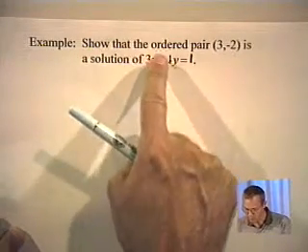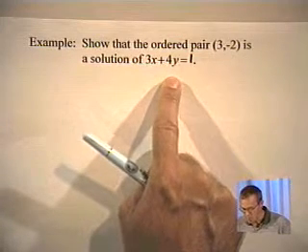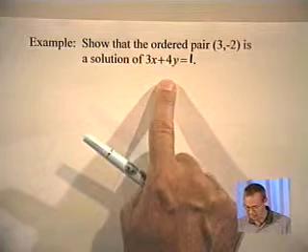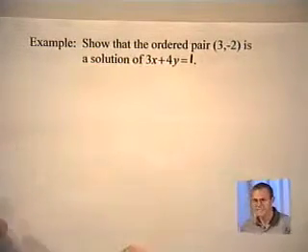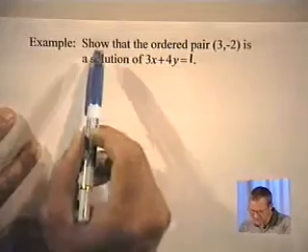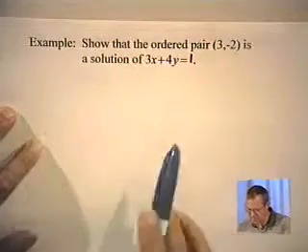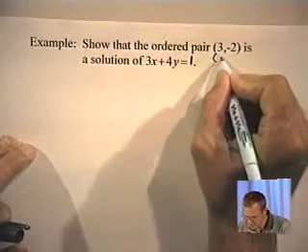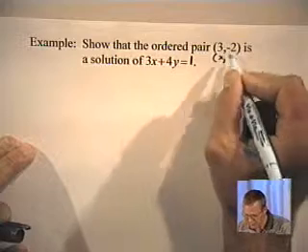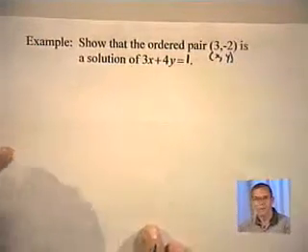My variables both have a power of 1, so this is a linear equation. We'll actually graph these in subsequent lectures, but let's try to figure out what this problem is asking us. Now remember, the 3 represents an x-coordinate, and the -2 represents a y-coordinate.